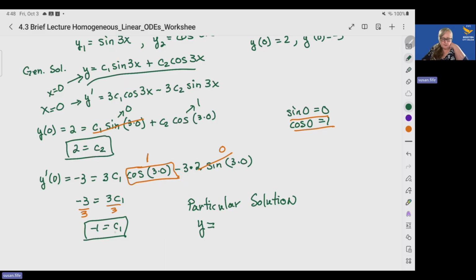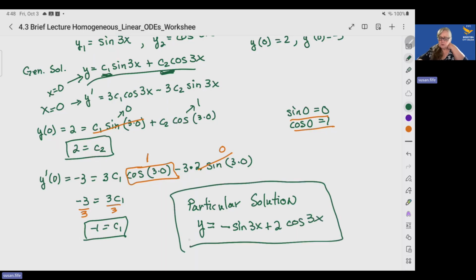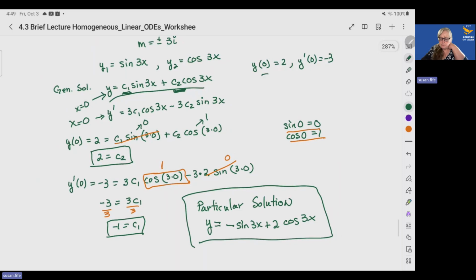Where c1 is -1, that'll give me negative sine 3x, plus c2 is 2, so plus 2 cosine 3x. This is the equation that passes through the point (0, 2) and at 0 has a derivative of -3.